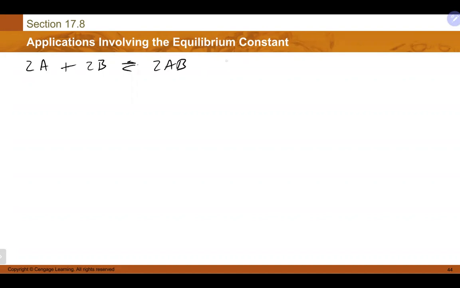Let's say we had K equals 10, and we'll say initially we had 0.1 molar of A and 0.1 molar of B. Why don't you give that a try? What is everybody's equilibrium concentrations?